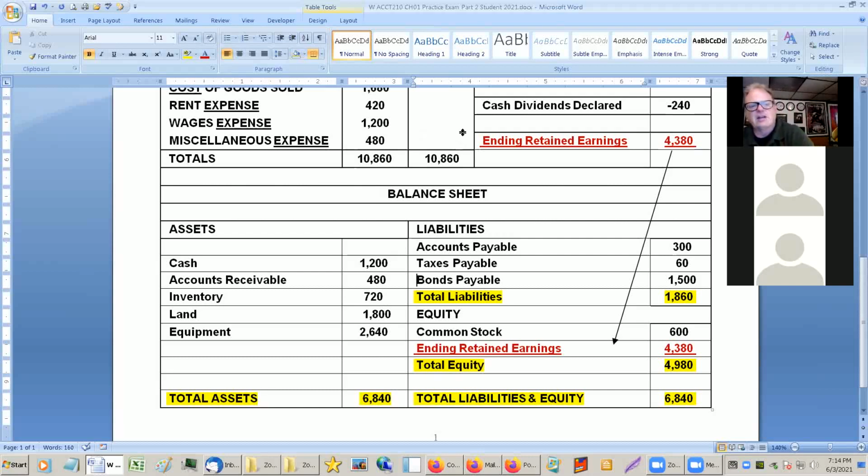Okay, I'll just talk briefly about bonds payable. There's actually a whole chapter on it. Bonds payable are often for very large amounts, and it's when you take a loan and break it up into a bunch of small little pieces so that you can sell them. You're basically selling the loan.